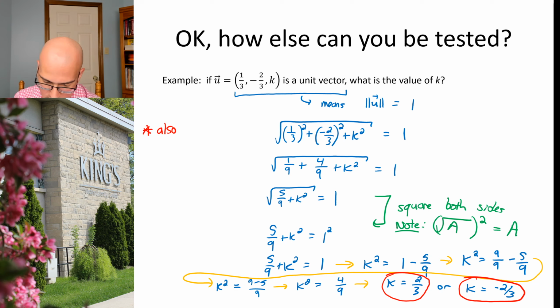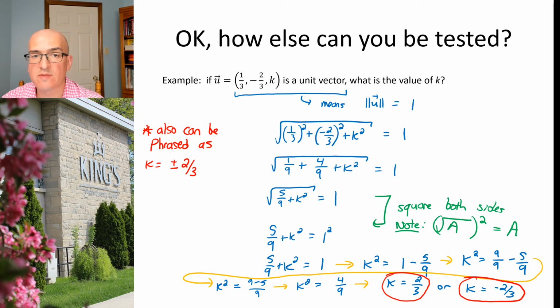This can also be phrased as k equals plus or minus 2 over 3. So that plus minus symbol means that both of these solutions are contained, the positive and the negative.